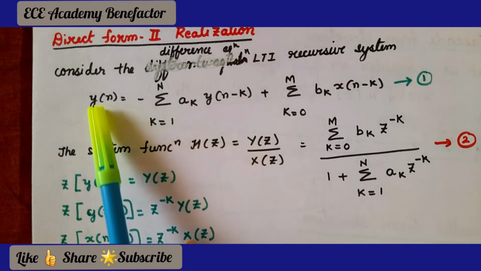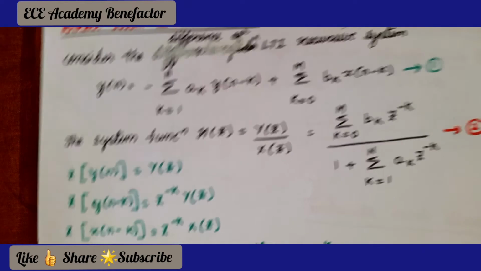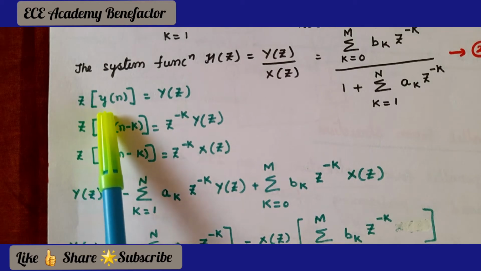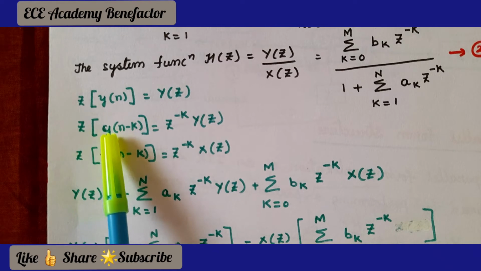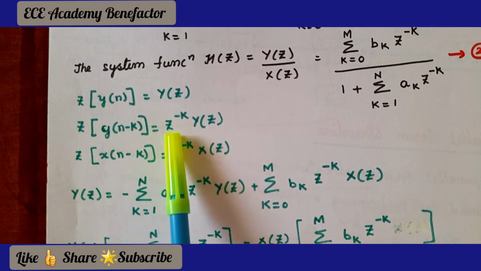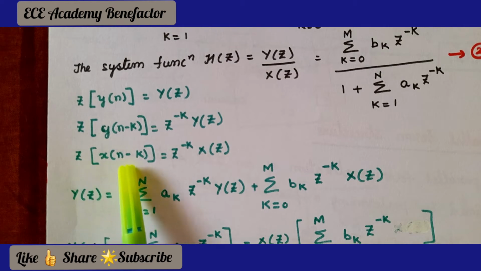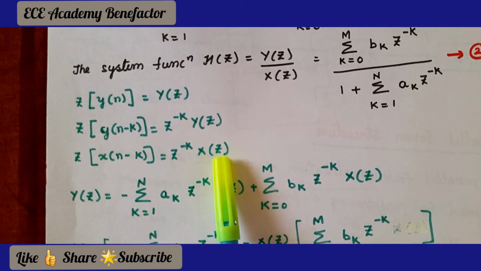So, now let us see how to apply Z transform to this difference equation. So, as you know, Z transform of y of n is equal to Y of z. Z transform of y of n minus k is equal to z to the power minus k Y of z. Z transform of x of n minus k is equal to z to the power minus k X of z.